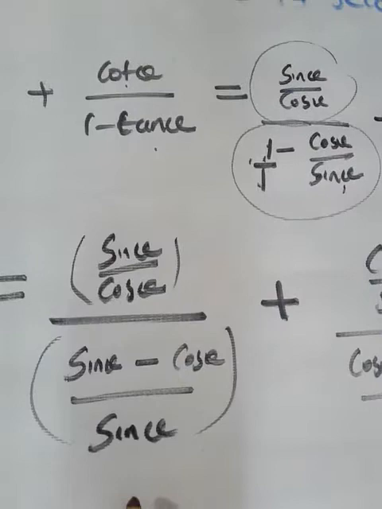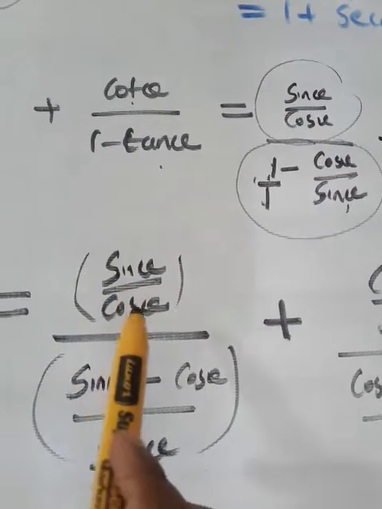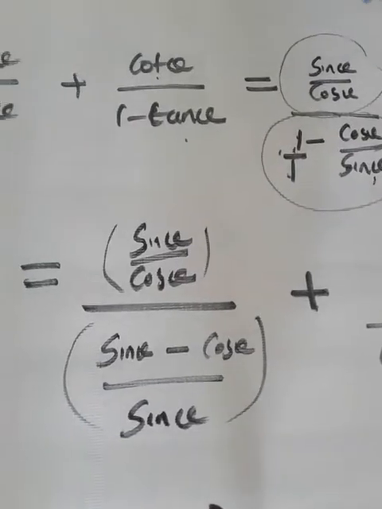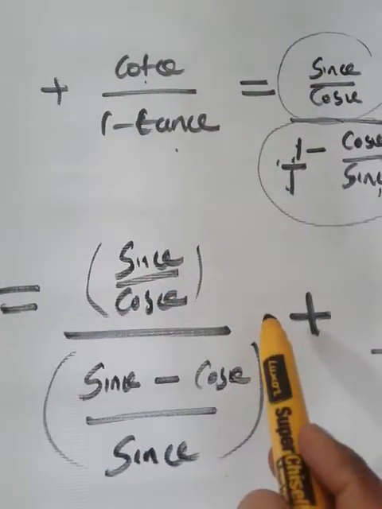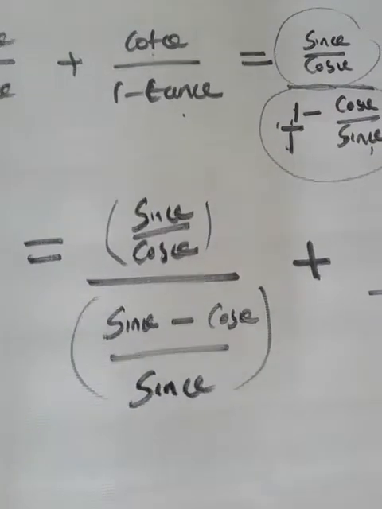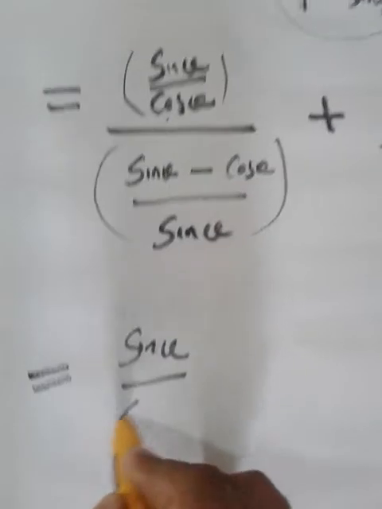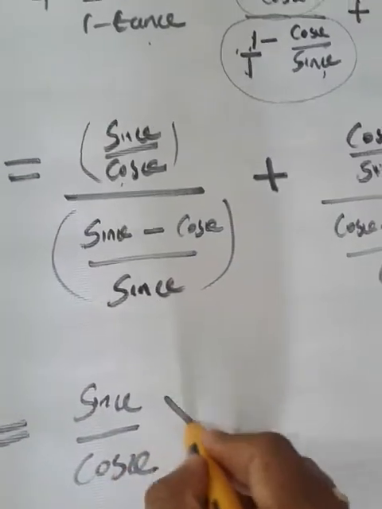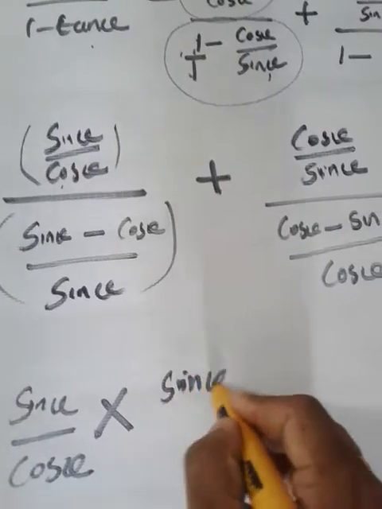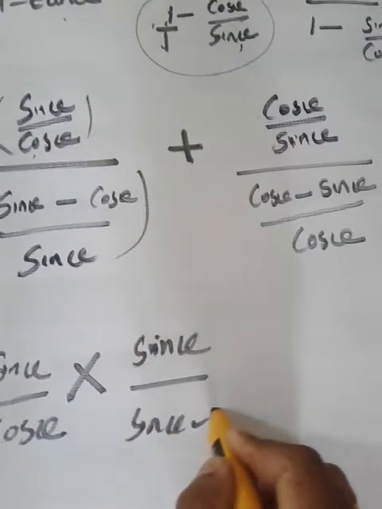How to divide two fractions? In order to divide two fractions, we have to multiply with the reciprocal, isn't it? This is a fraction divided by another fraction. We multiply with the reciprocal. What is this? Sin theta by cos theta, then into the reciprocal of this, which is sin theta by sin theta minus cos theta.